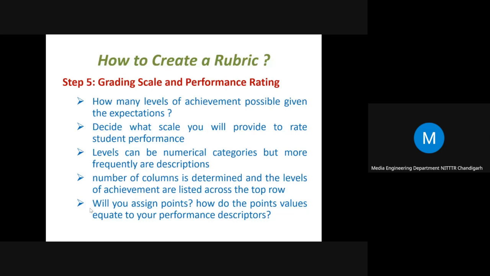We need to decide what scale we'll be using, whether some numerical categories like 1, 2, 3, 4, or other kinds of performance rating level indicators. All these things need to be decided. If we want to assign marks, how will those marks or points be assigned to student work using those rubrics?